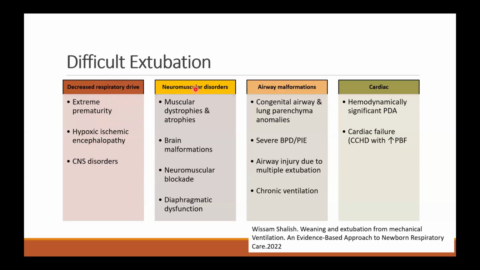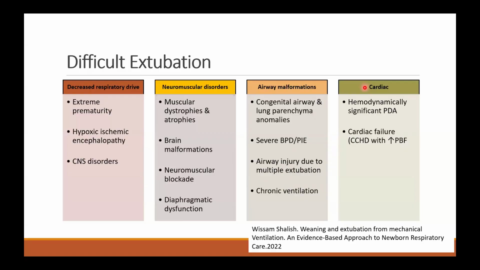The other set could be neuromuscular disorders like muscular dystrophies, atrophies, brain malformations, neuromuscular blockade, or diaphragmatic palsy or dysfunction. Then there could be airway malformations due to ventilation-induced lung injury, or congenital airway or lung parenchyma anomalies, air leak syndrome, multiple extubations already happened leading to airway trauma, or chronic ventilation.